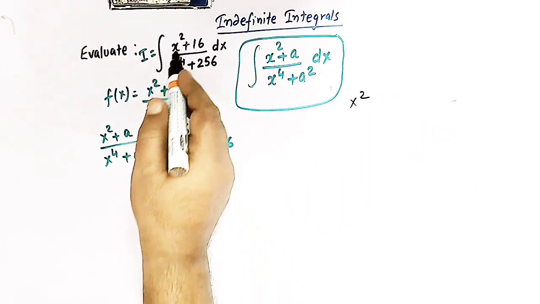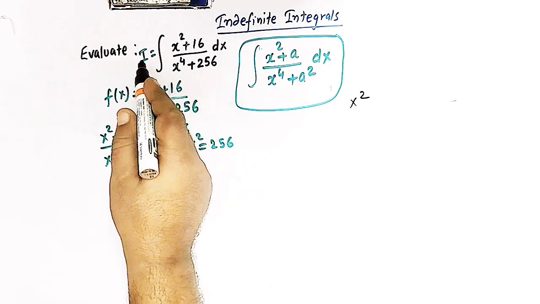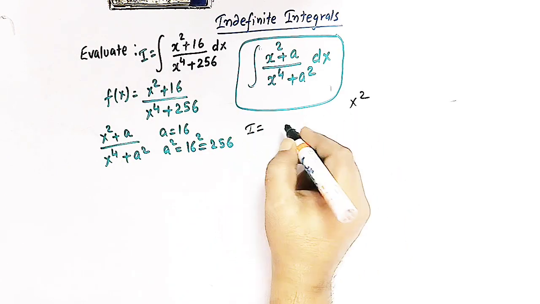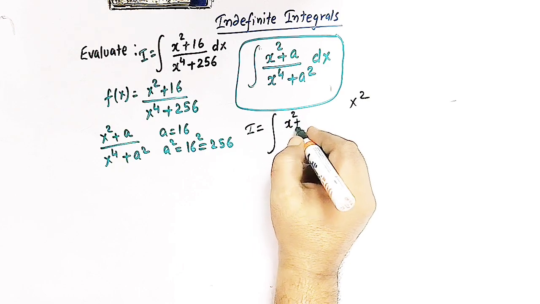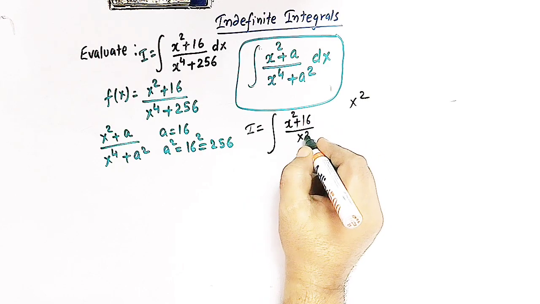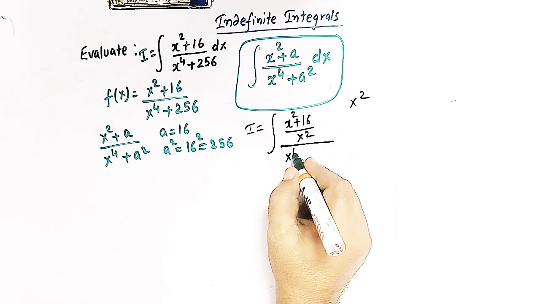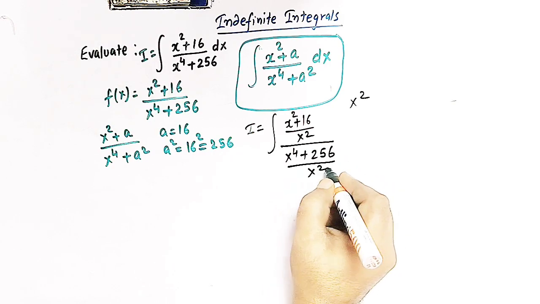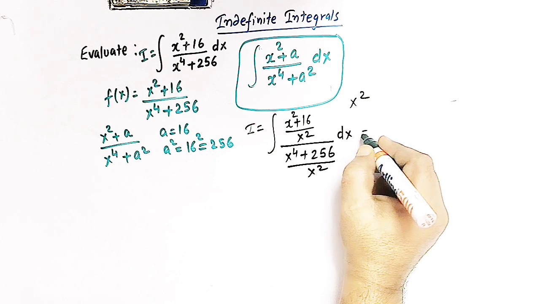So now let us divide the numerator and denominator of this integral I by x square. So we can now write I is equal to (x square plus 16) divided by x square, and here we have (x raised to 4 plus 256) divided by x square, and here we have dx.